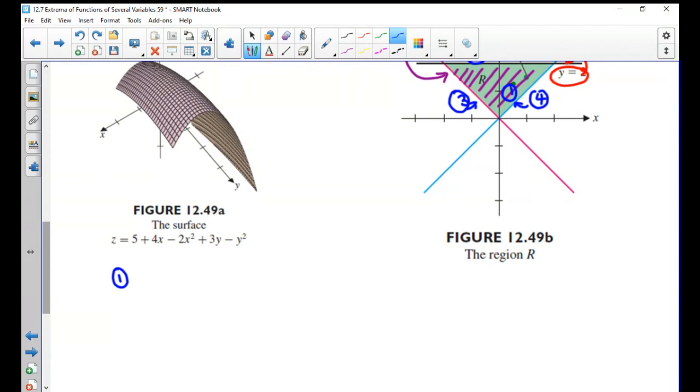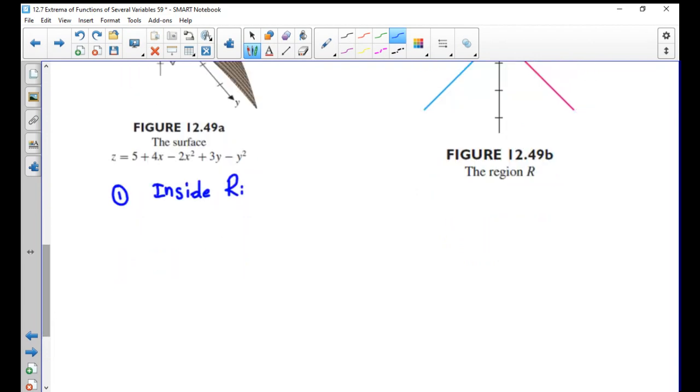So number one, inside the region. Inside R, I want to find the critical points. You may remember the interval, the function of one variable. So you need to have a look at fx, which is 4 minus 4x.